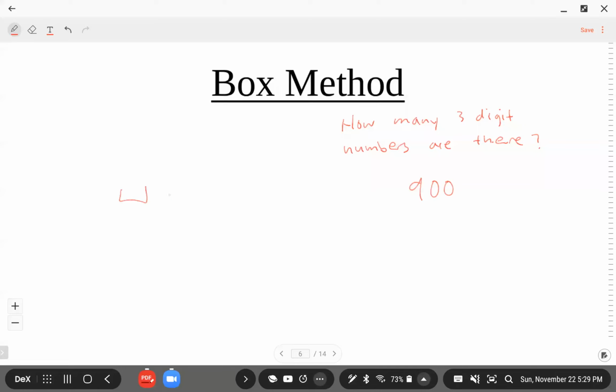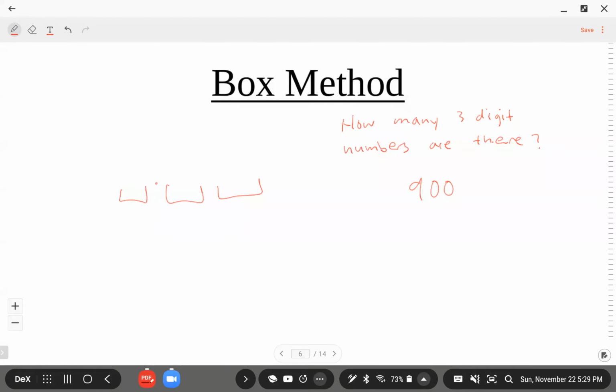But we can solve this with a different method. We don't have to actually count all those 3-digit numbers. Okay, so this is the box method, and this is very useful.